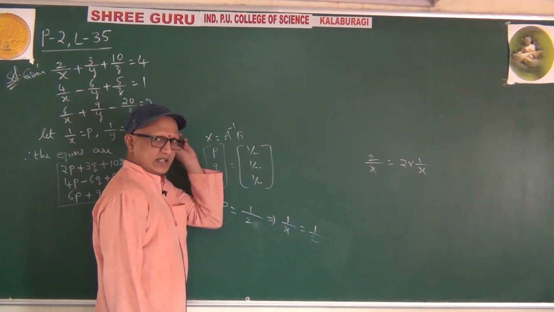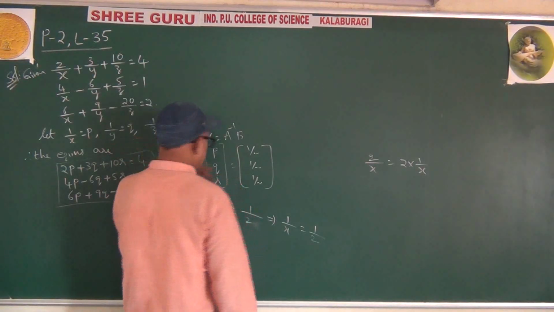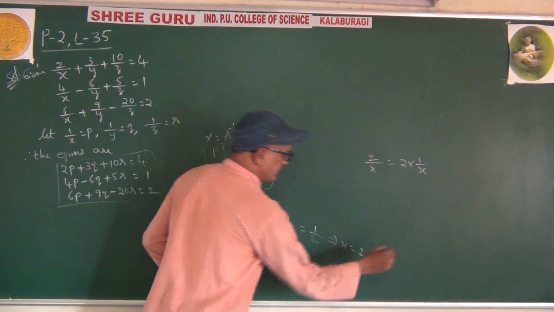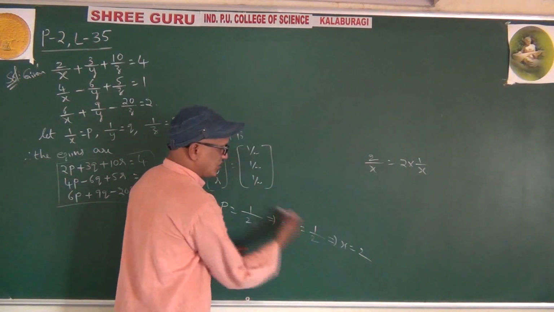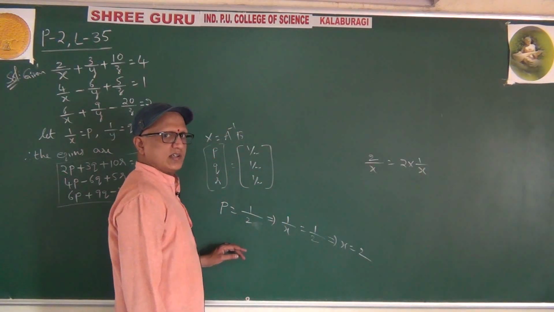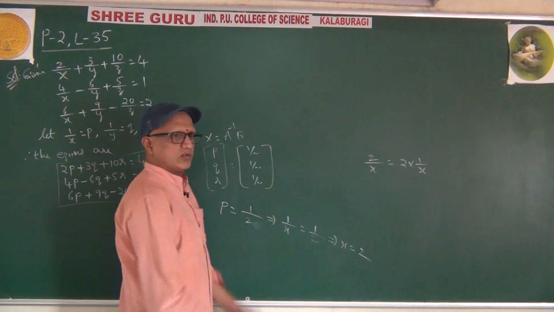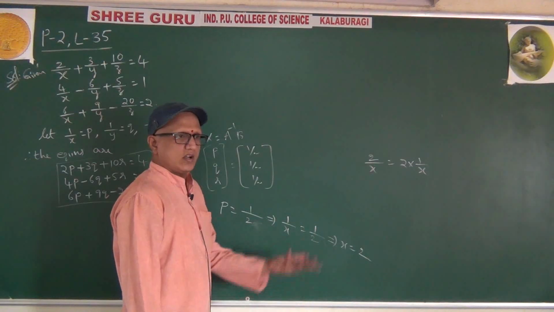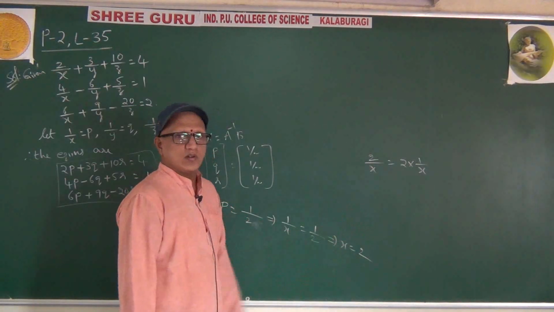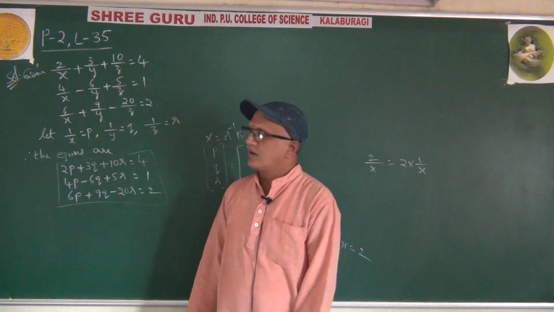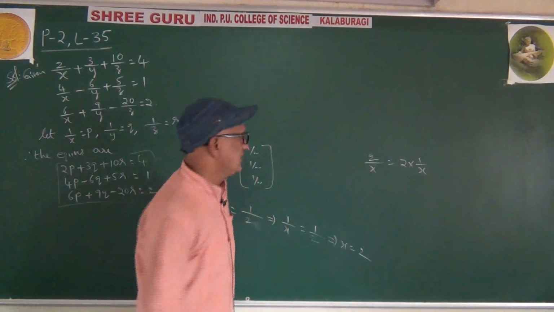P means 1 by x. 1 by x equal to 1 by 2. x equal to 2, cross multiplication. So x equal to 2. Same like that remaining answers also we will get. Right? Try this one. This also try.